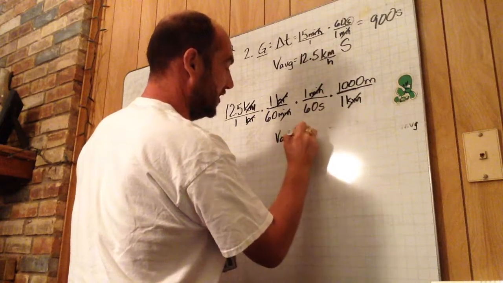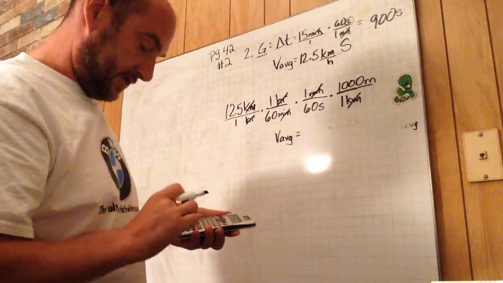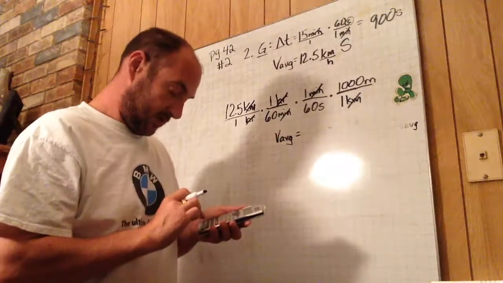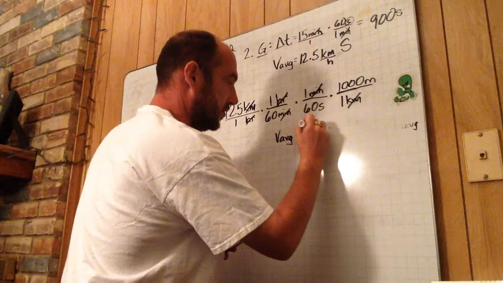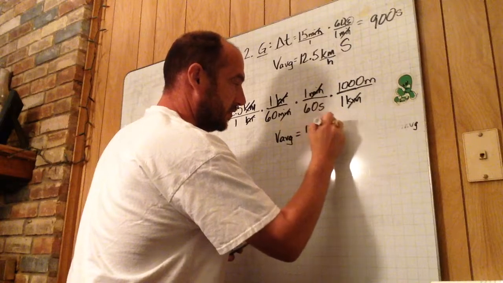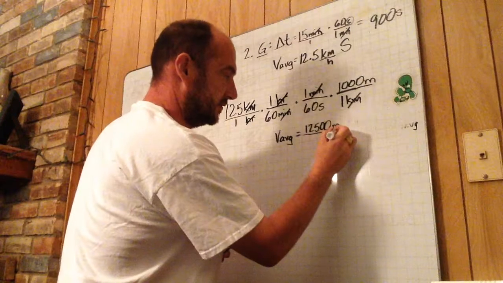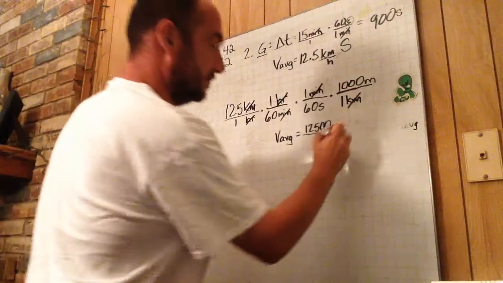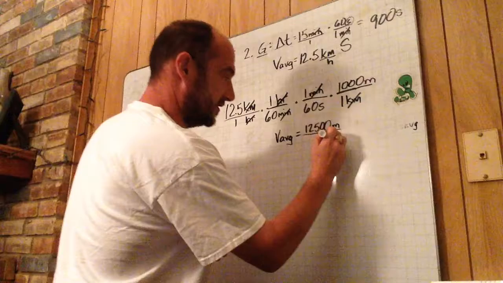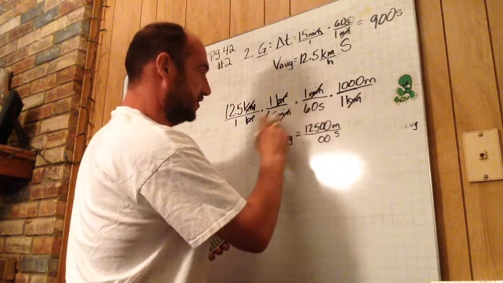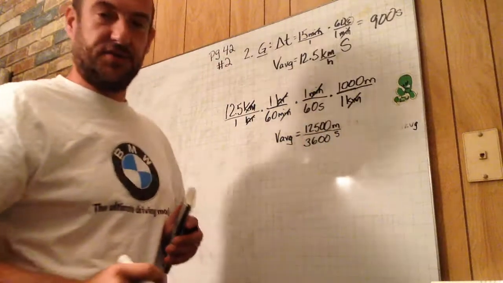The average equals 1,000 times 12.5 equals 12,500 meters over, well, we know it's seconds, let's go ahead and do that. 60 times 60, that's 2 zeros, 1, 2. 6 times 6 is 36. 3,600 seconds.